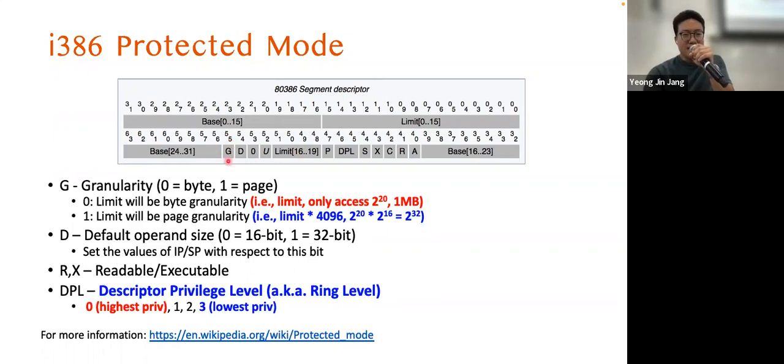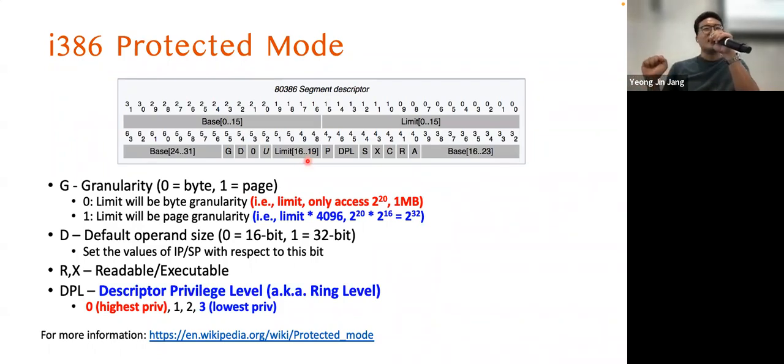Our limit does not have the full 32 bits. We only have 20 bits. But the G bit decides the granularity of how we regard the limit. If the G bit is 0, the limit has byte granularity, so we can only set a 20-bit range, and the maximum limit would be 1 megabyte.